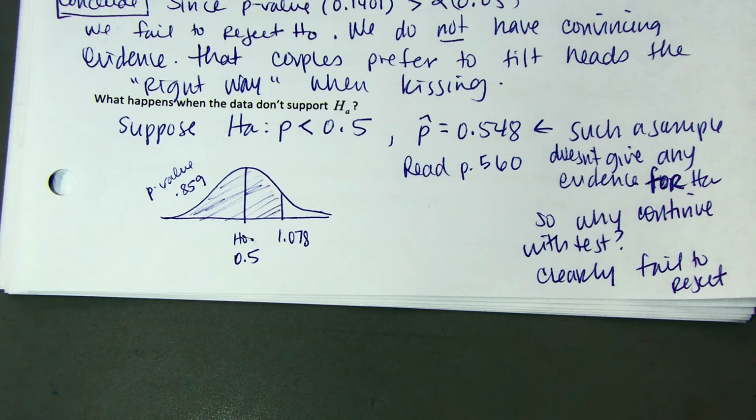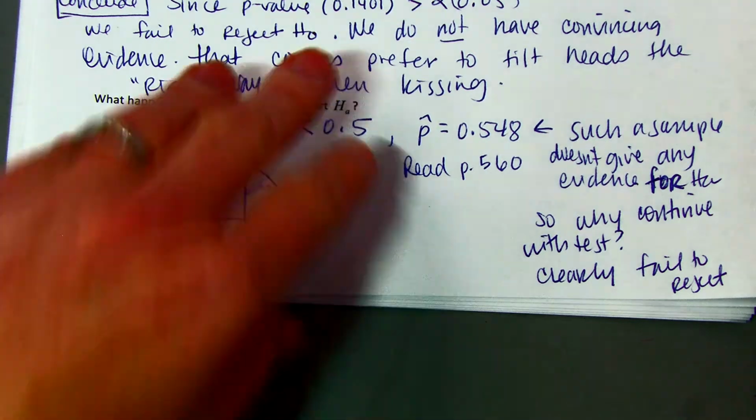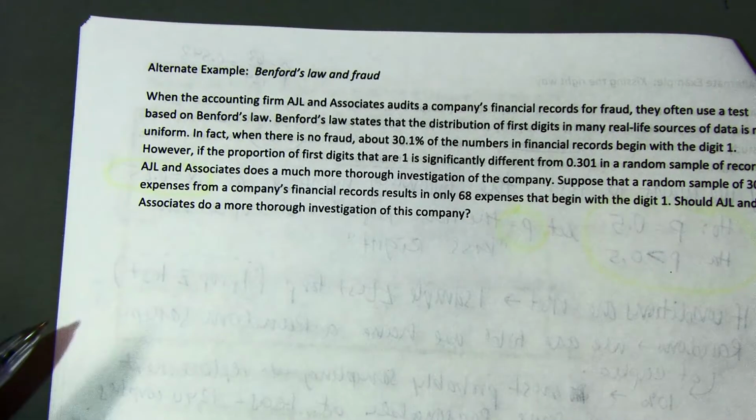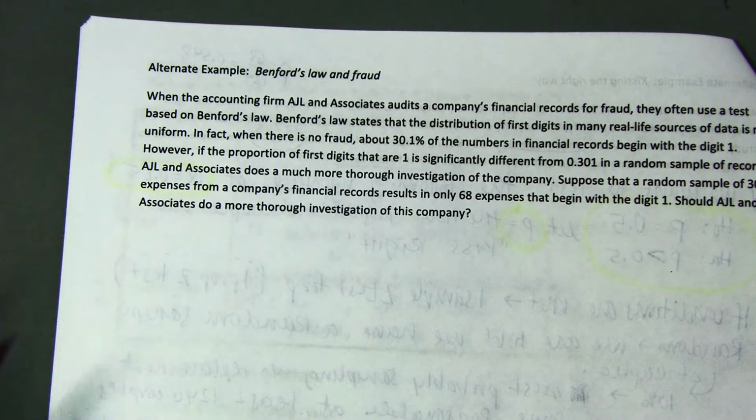Okay, so let's take a look at another example. This one's slightly different, but we're going to go through the same 4-step process again. It says, when an accounting firm, AJL and Associates, audits a company's financial records for fraud, they use a test based on what's called Benford's Law.